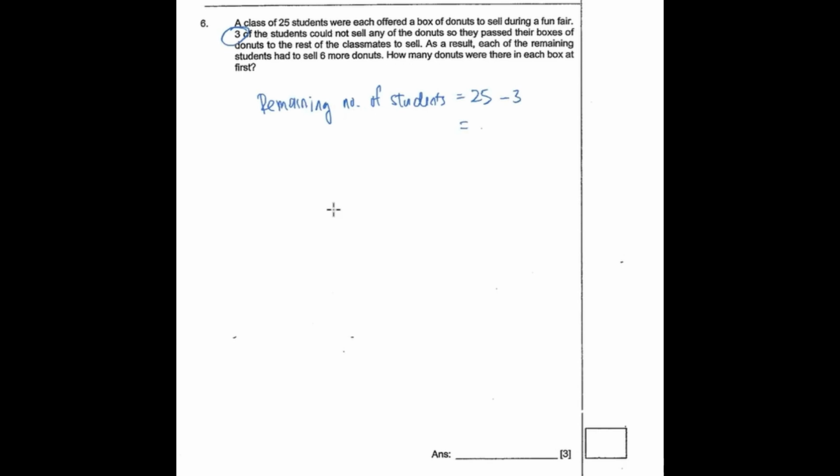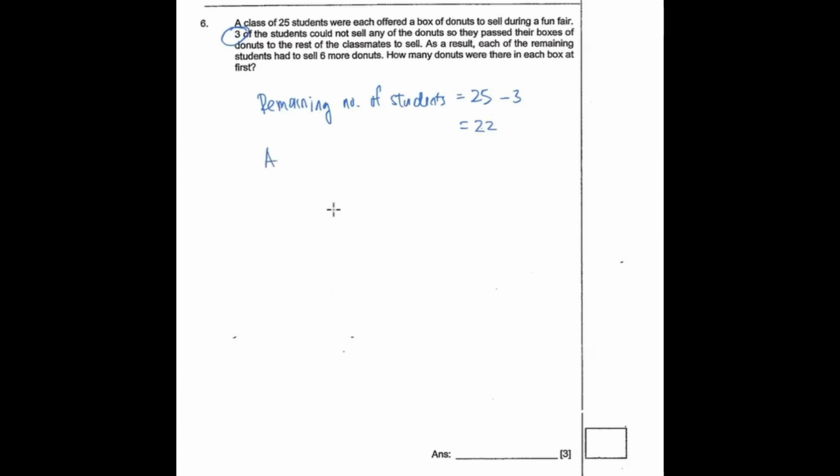So only 22 students are selling. There are 3 students not selling, okay? Only these 22 students selling. And these 22 students are also selling the boxes of donuts that belong to the 3 students. All right?